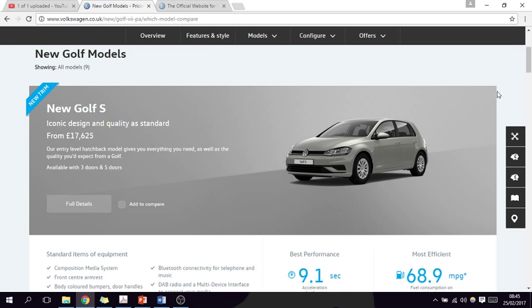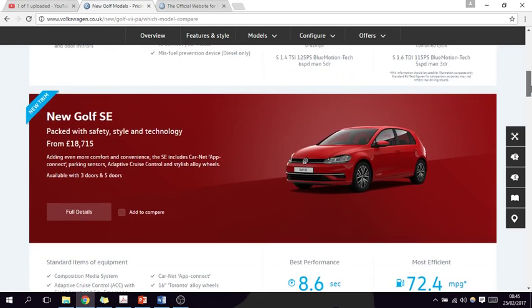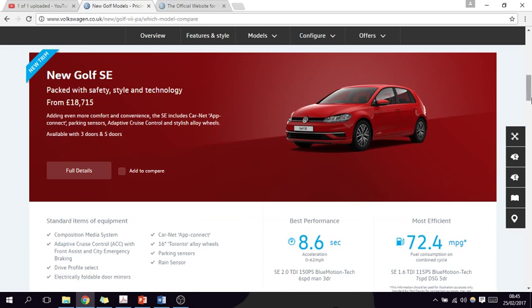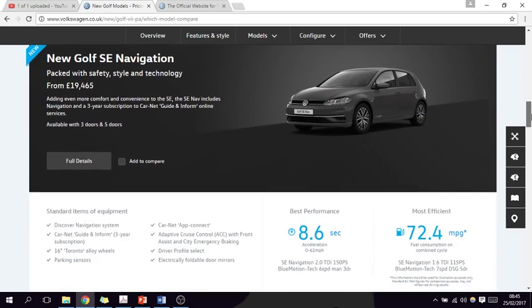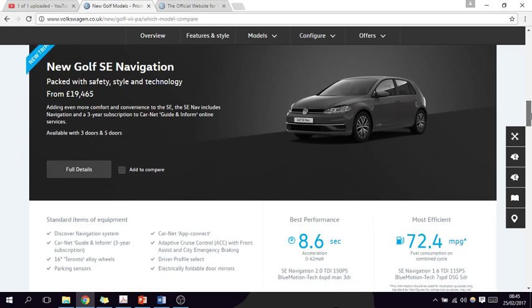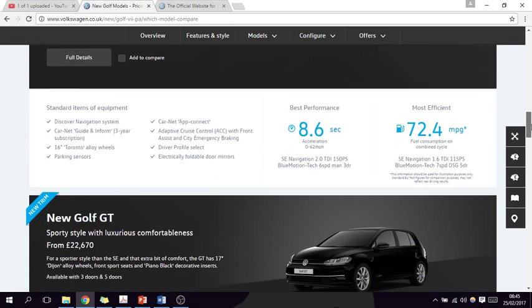Okay, so we've got the basic one, we've got a Golf SE, safety, style and technology, adding more comfort and convenience, so a little bit more premium arguably. The Golf SE navigation, adding even more comfort.